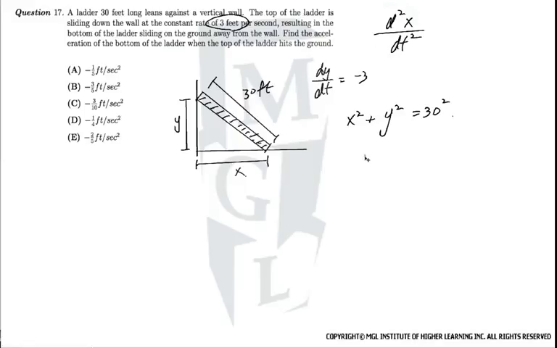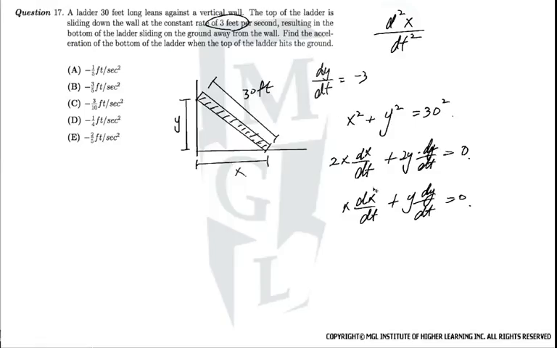So to do that, we need to do the first derivative, everything in terms of time first, implicitly, and then do it one more time. So let's do it once. We get that. Divide everything by 2. Those 2's do not need to be there, right?